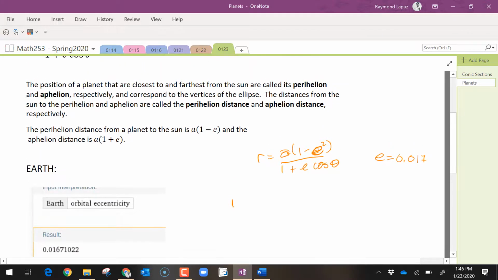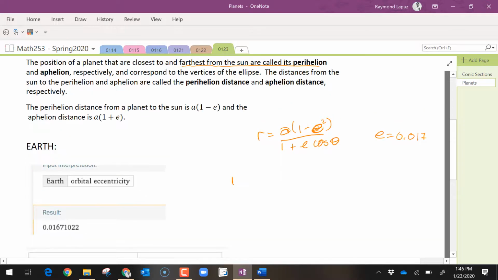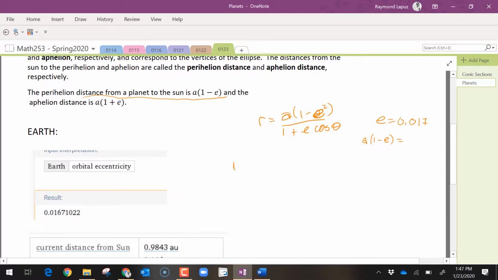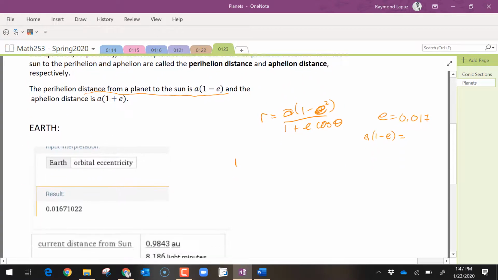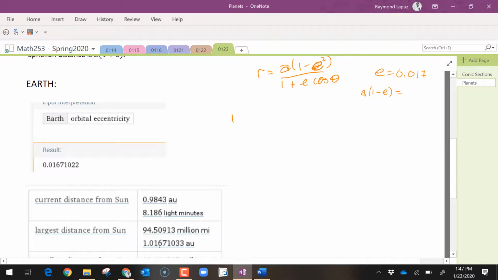The farthest from the sun is the peri. So the distance away from the sun, perihelion, is going to be A times 1 minus E is equal to, what is A? A is just a variable right now, a parameter. So that's equal to 1.017.